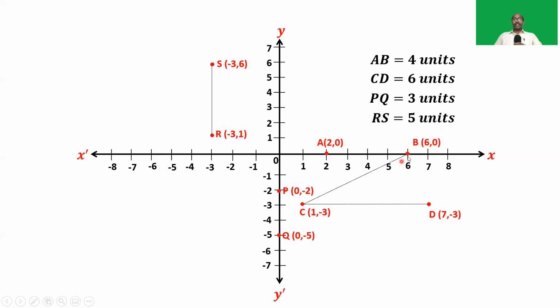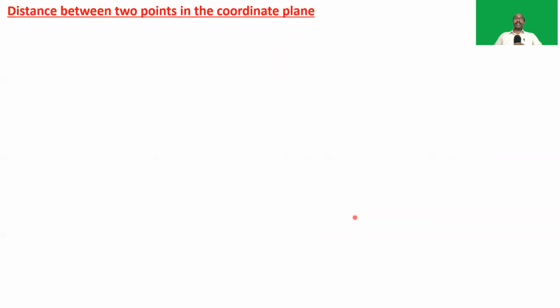Now, what is the distance between B and C? Can we say directly? No. How to find the distance between these 2 points? Let us see how to find the distance between 2 points in the coordinate plane.